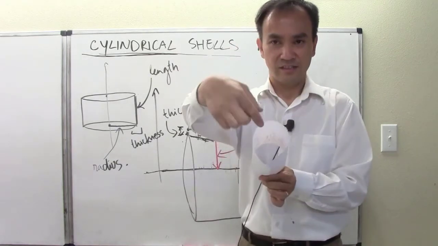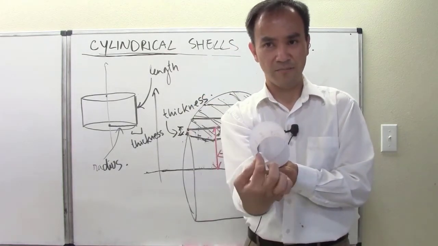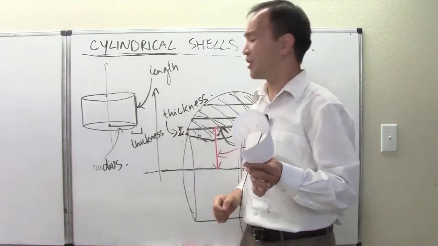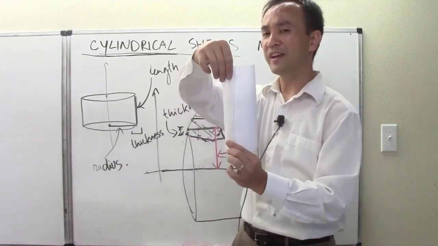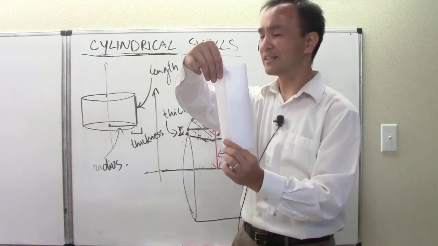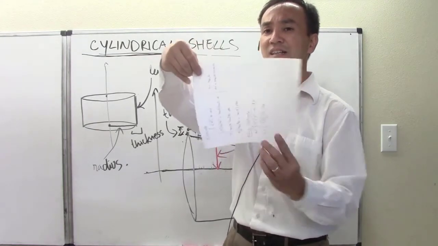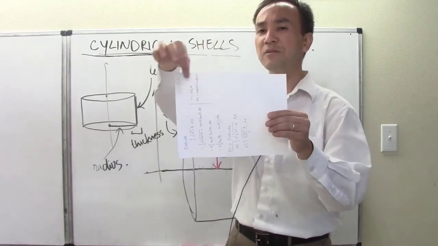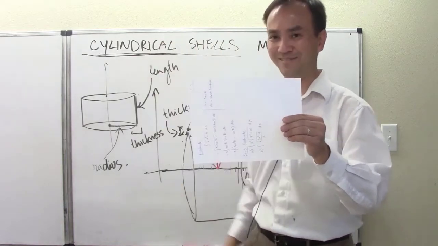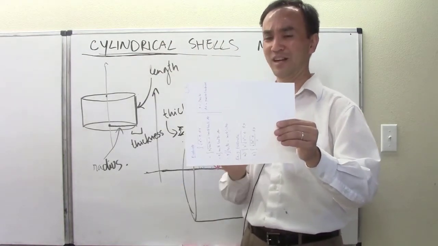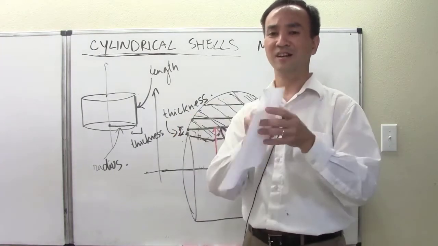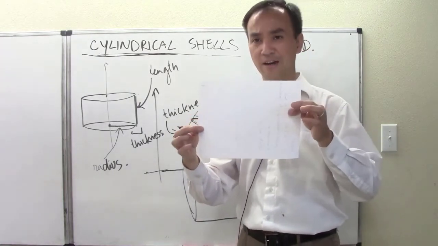The thickness is how thick this paper is. And so imagine to calculate that. Surprisingly, the volume of this thin shell is nothing but the volume of this piece of paper when we unwrap it, when we unroll it, when it's flattened out.